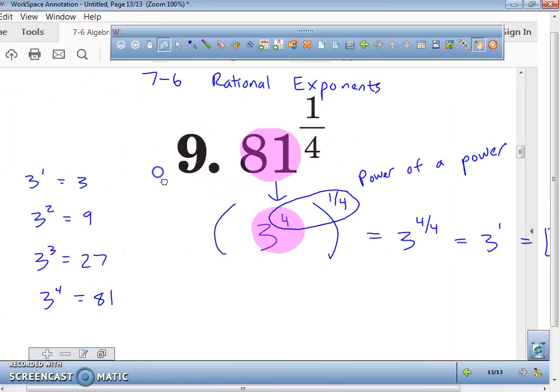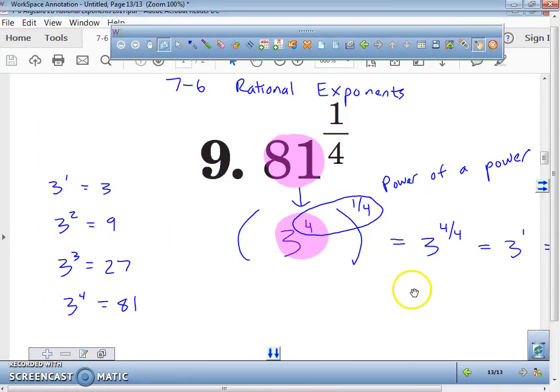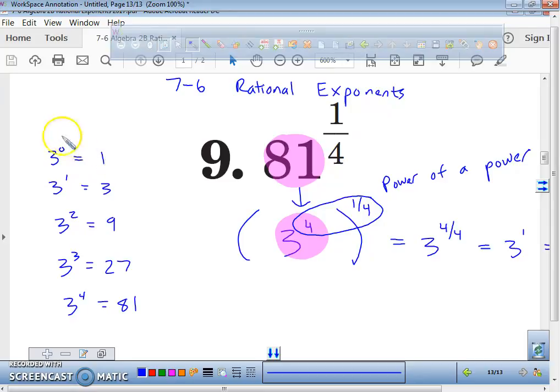Now, we've been mainly dealing with positive exponents. But we can also use the same properties when you're dealing with negative exponents. So I want you to continue a pattern for me right here.